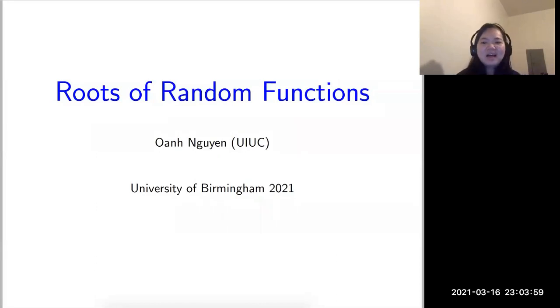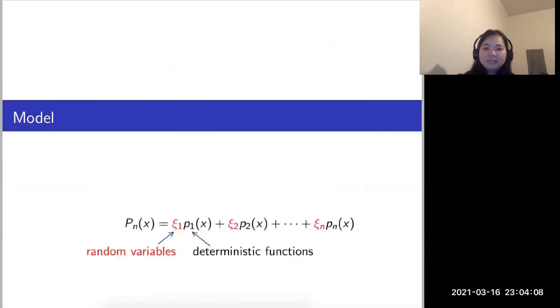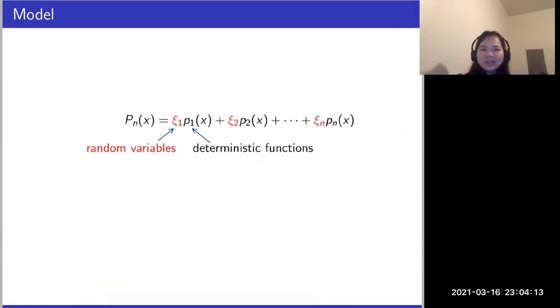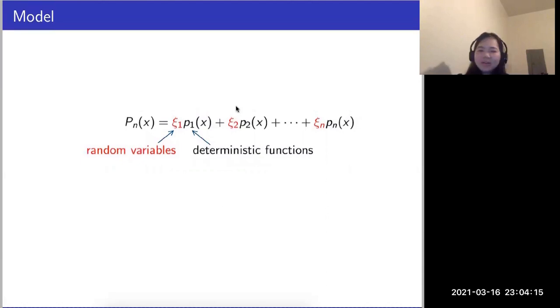Okay, so for today, I will talk about my research on random functions, and let me start by introducing the model of random function. For me, a random function will be a combination of deterministic functions. So here P_n(x) is a combination of P_1(x), P_2(x), up to P_n(x).